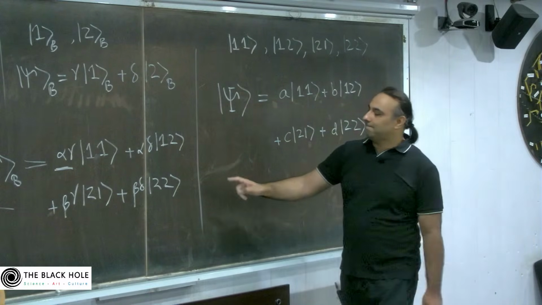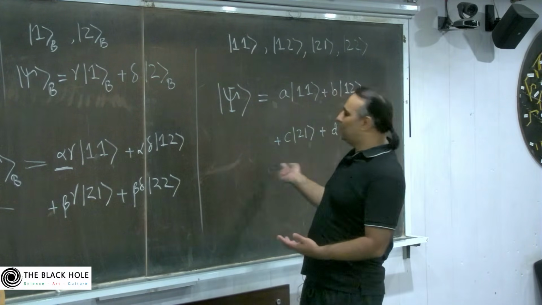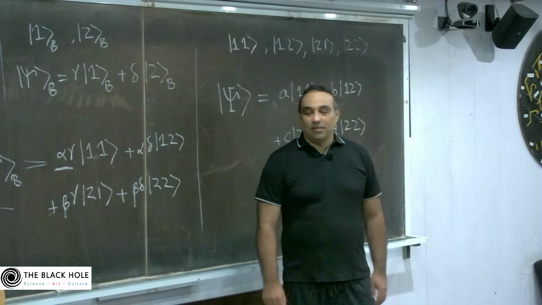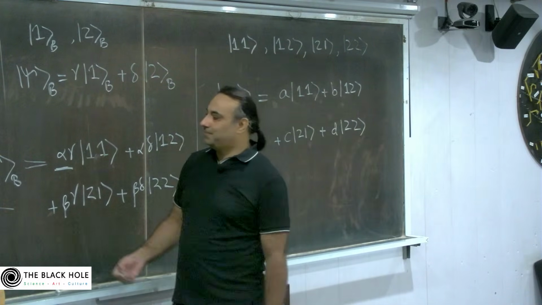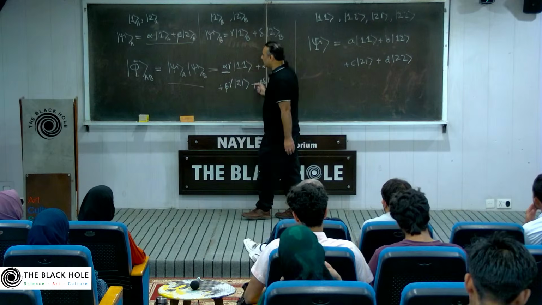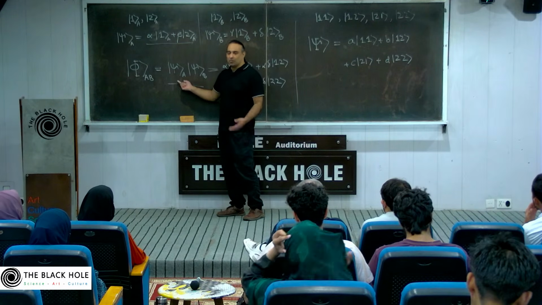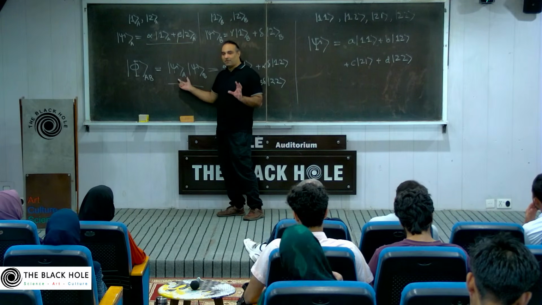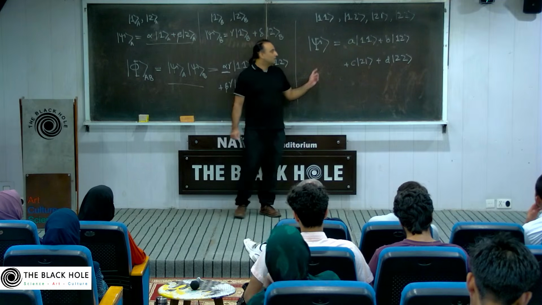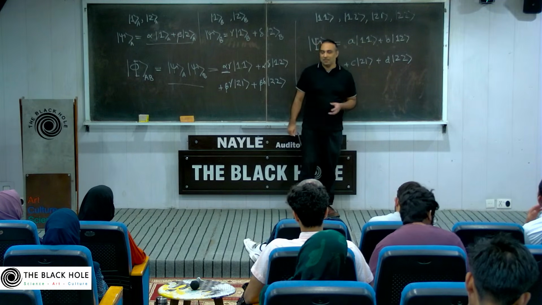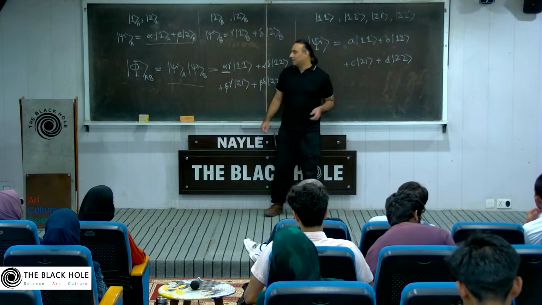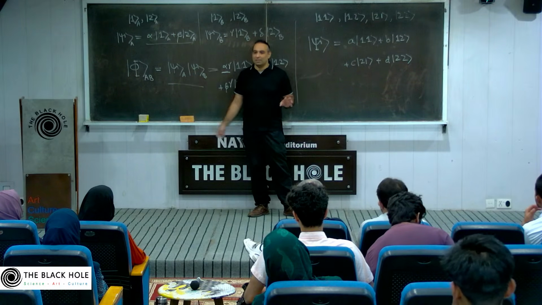But what's the difference between these two? So in this case, if we have this form, so we started from this, of course it has this product form. Okay, but for the most general case, it's not always possible to write that state in such a product.